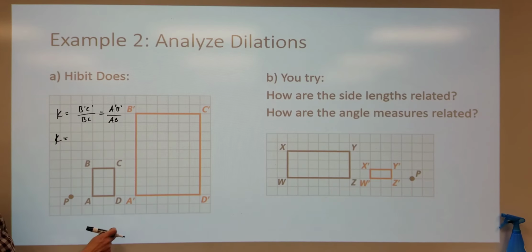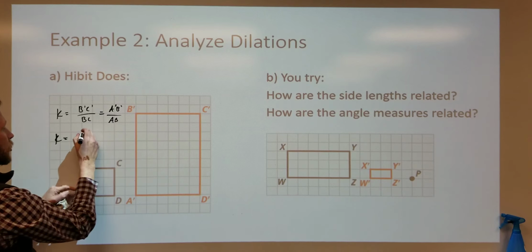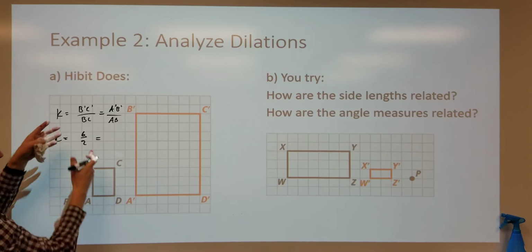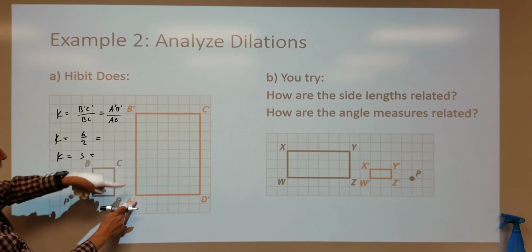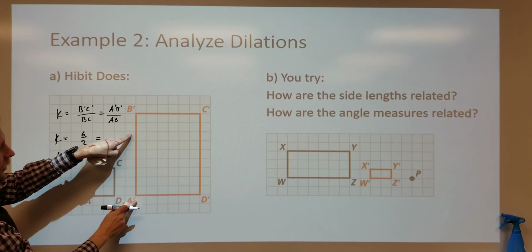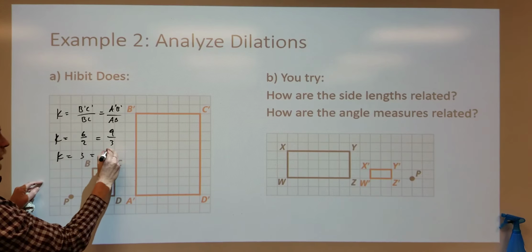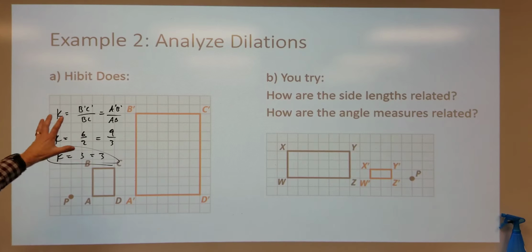I should be able to see that this is 1, 2, 3, 4, 5, 6 units, whereas this is only 2. That simplifies to 3. For this length, 1, 2, 3, 4, 5, 6, 7, 8, 9 boxes, over 1, 2, 3 boxes. This tells us what our scale factor is.